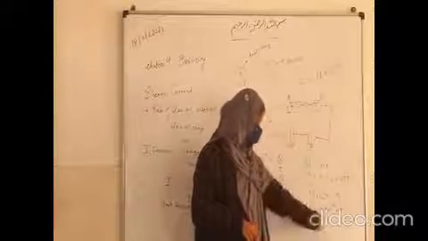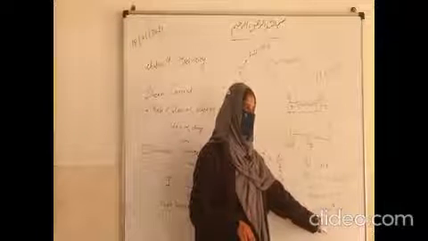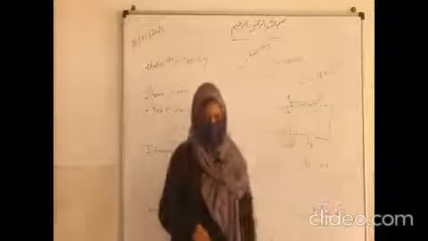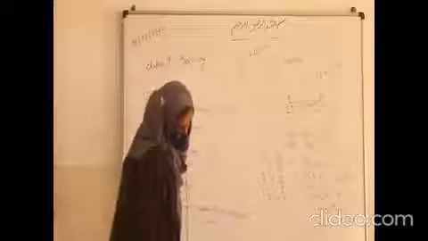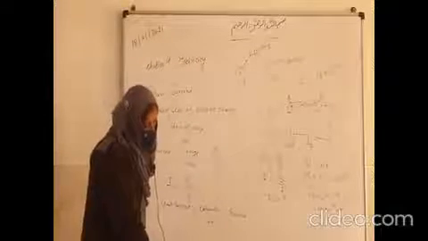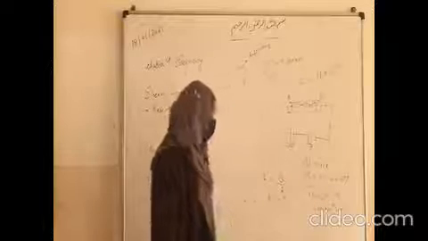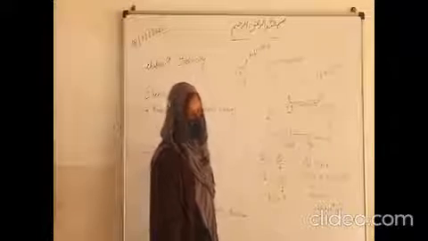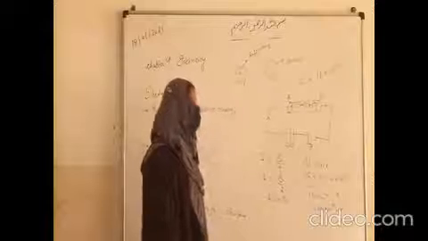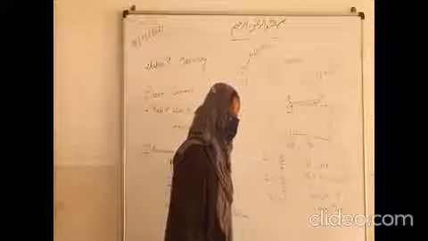This is a very big number. It's not minus 18, it's plus 18. So 1 ampere current actually means that 6.25 into 10 raised to power 18 electrons pass through a conductor in 1 second.